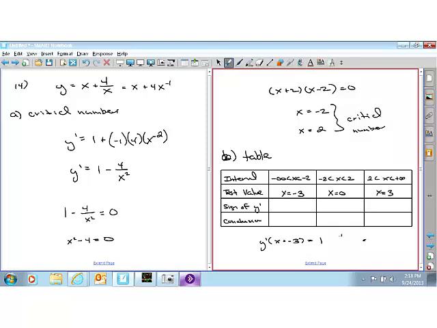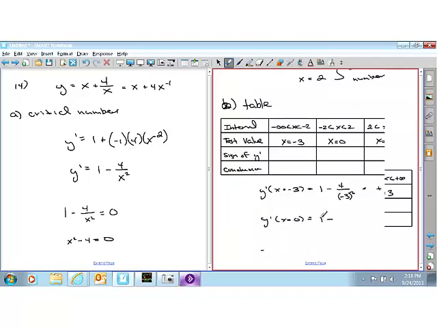So that's good. y prime at x equals 0, we'll get 1 minus 4 over 0 squared. Well, actually, what do we get there? We get infinity, or it does not exist.